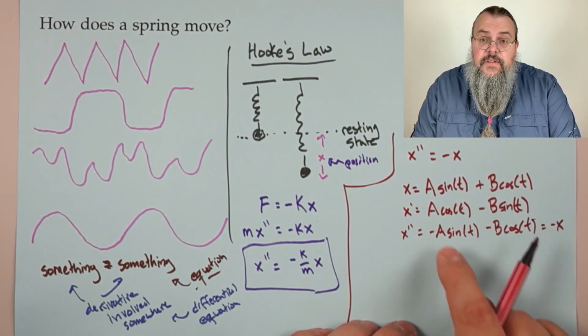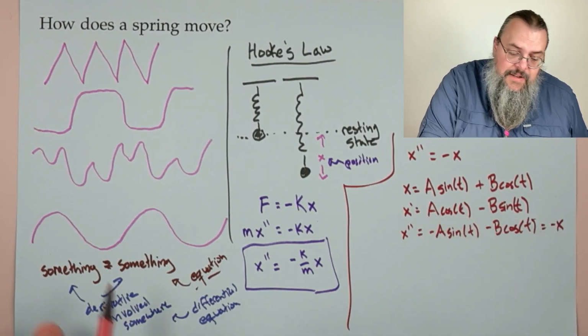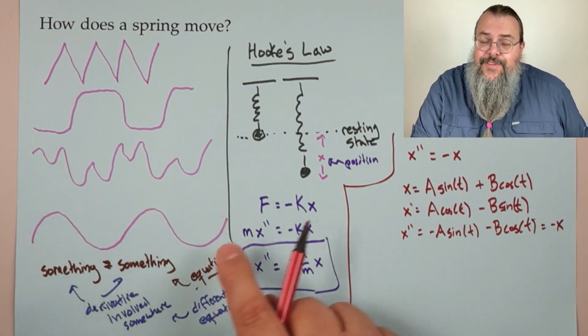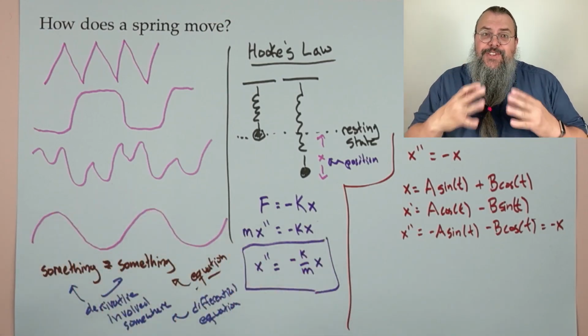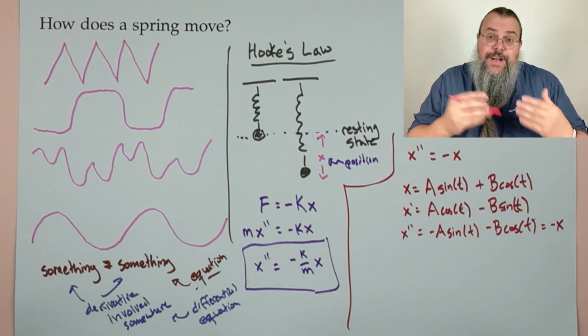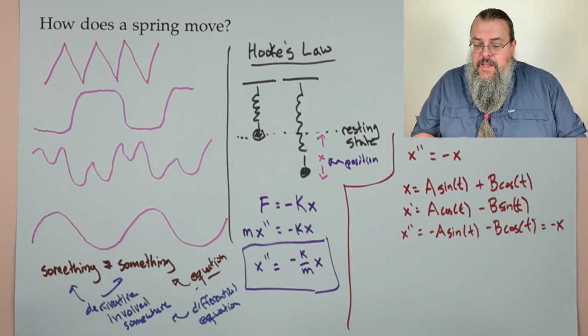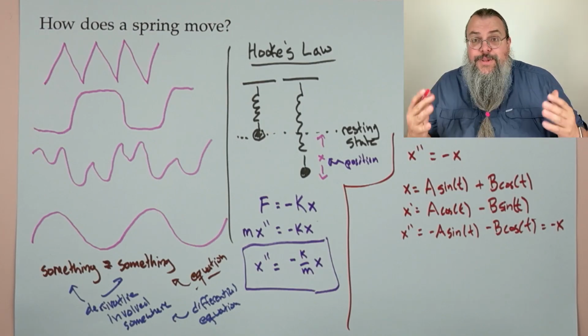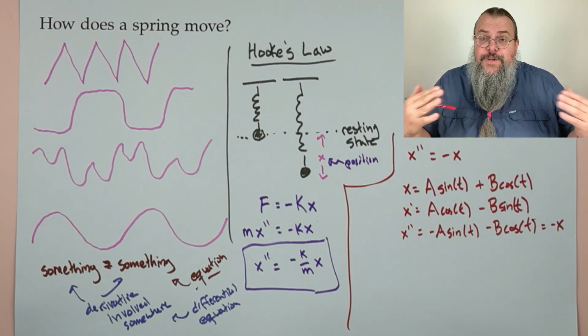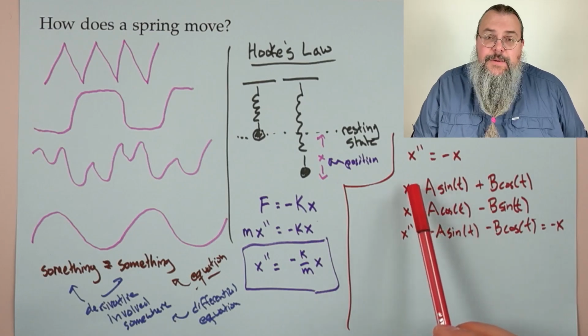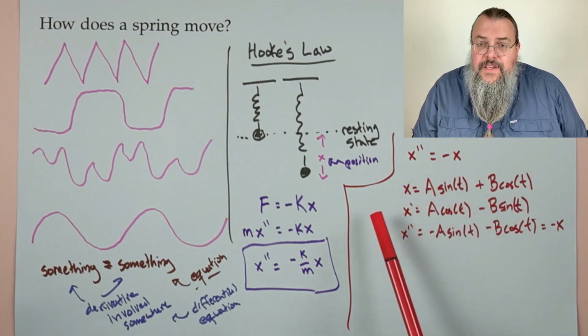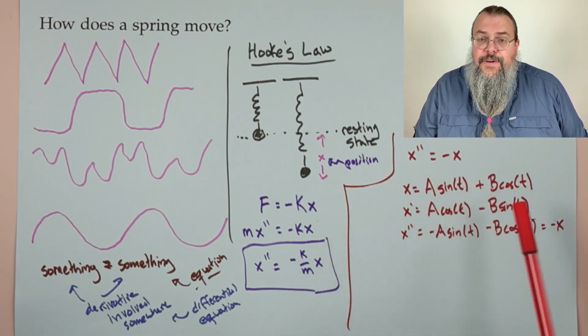So that says that this is the solution, which means that this curve that looks like a sine curve really is the right way to talk about how a spring moves. It really does follow that. And it turns out, we don't know this yet, but we'll see, every solution to x double prime equals minus x has this exact same behavior.